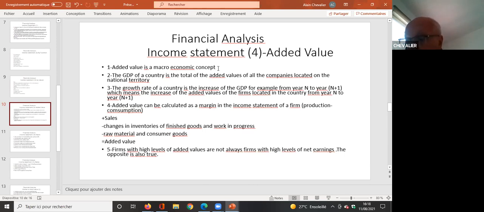It's a tax on the value added to the preceding elements of production or consumption.